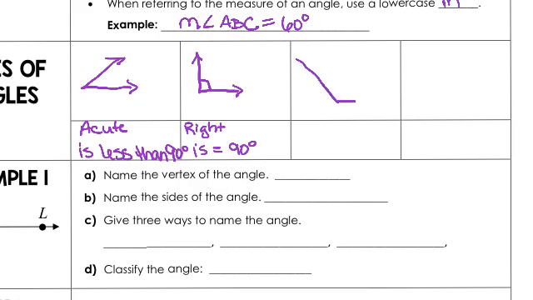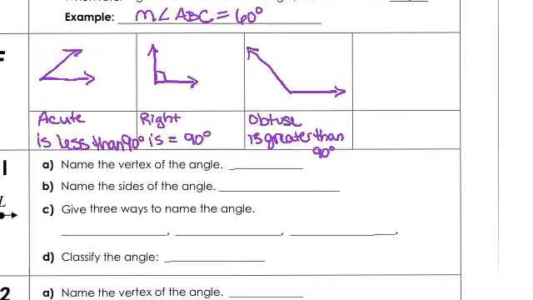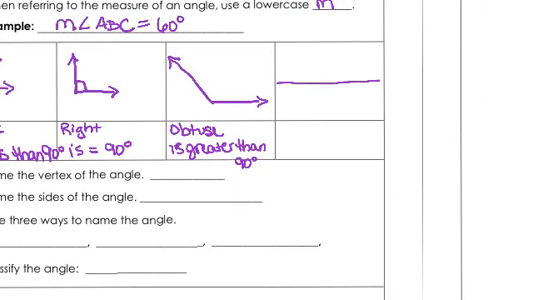An obtuse angle is greater than 90 degrees. And finally, a straight angle is equal to 180 degrees.